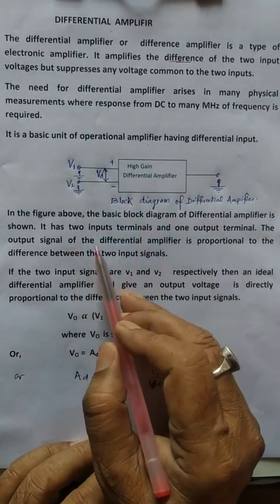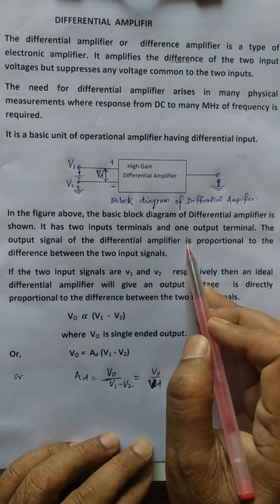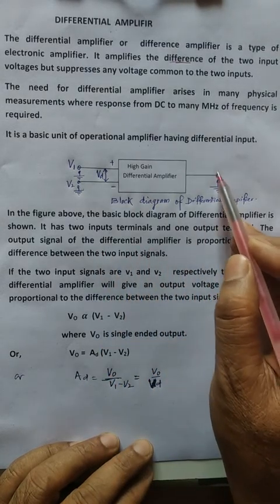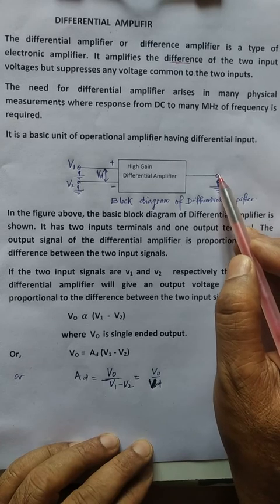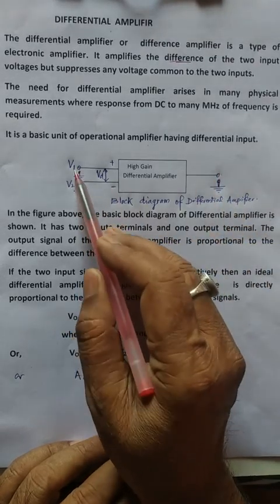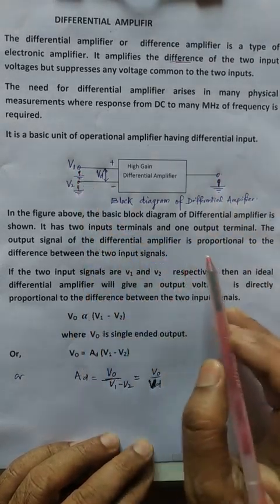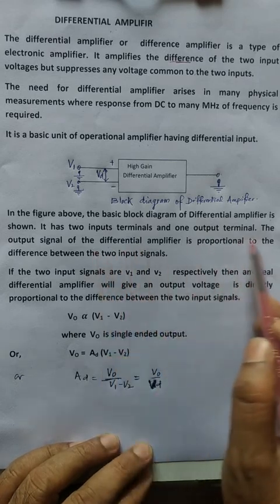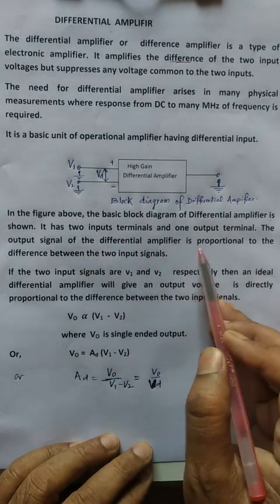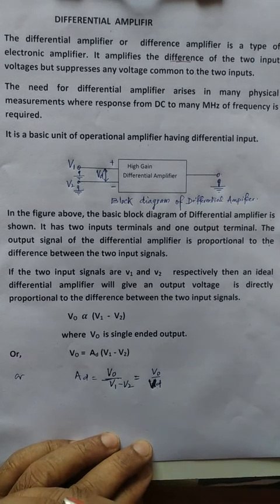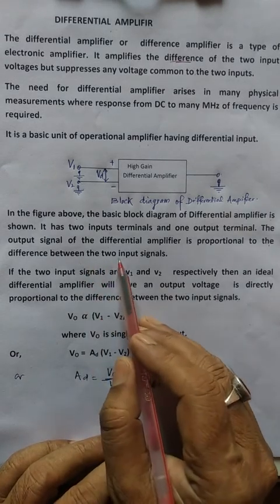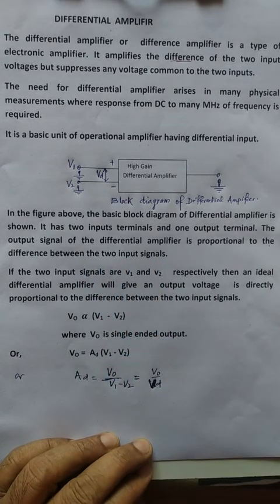The output signal of the differential amplifier, the output signal which we get here, is directly proportional to the difference of these two voltages. That is why we say that the output signal of the differential amplifier is proportional to the difference between the two input signals.